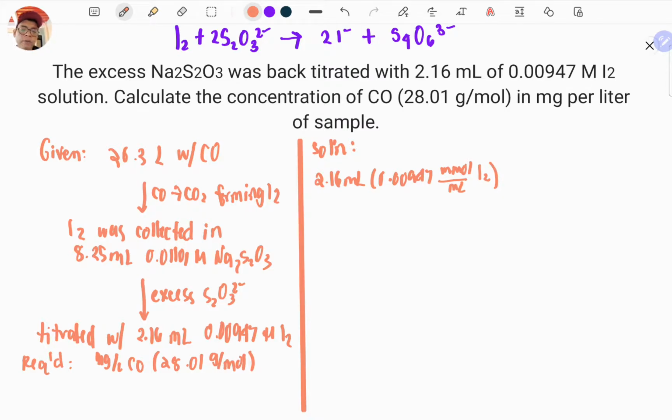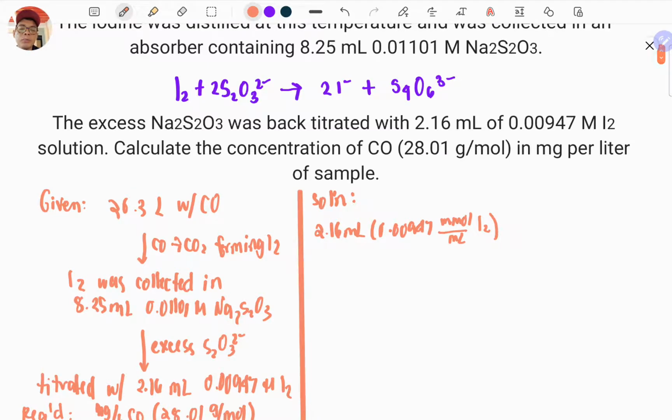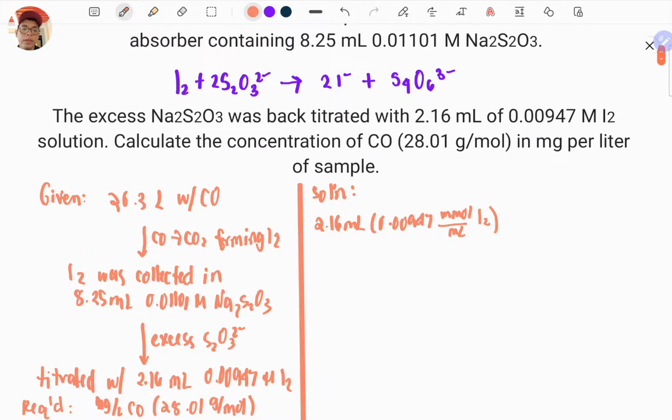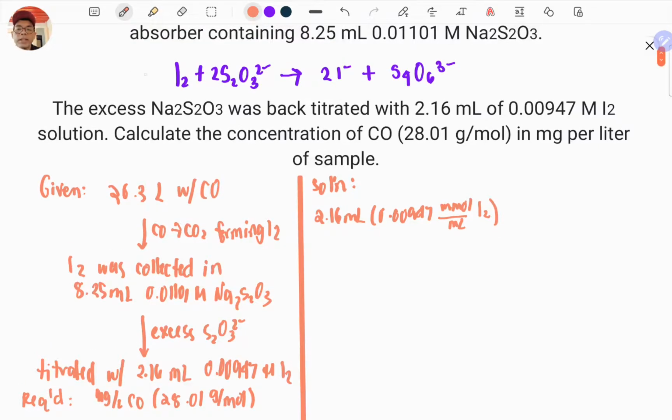But that's not really helpful for me right now, because it was not this iodine that is related to the reagent, but what the iodine was reacting with. So if I multiply these two values, I get millimoles of iodine, but I'm more interested in the millimoles of thiosulfate. From this chemical equation, I know that for every millimole of iodine, there should be 2 equivalent millimoles of thiosulfate.